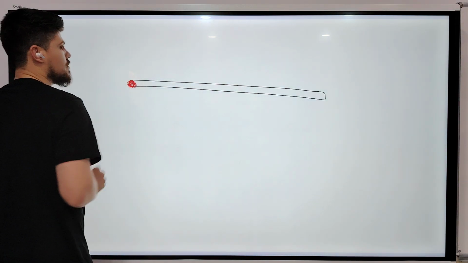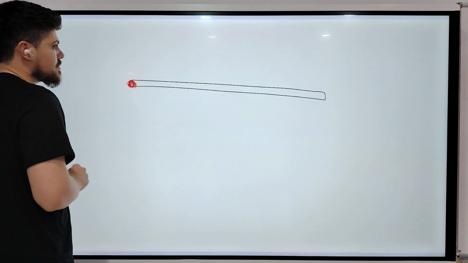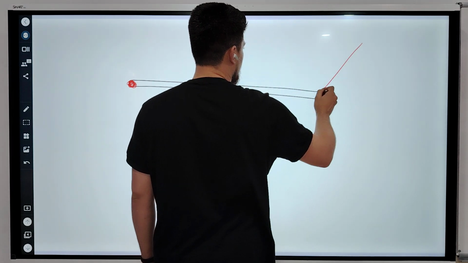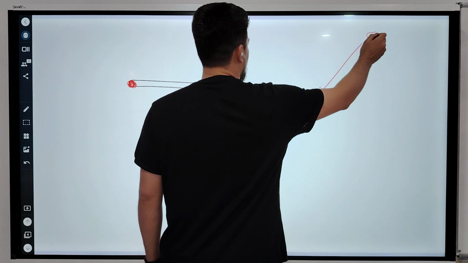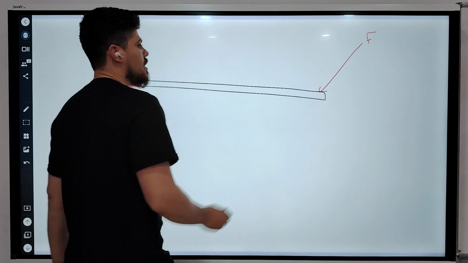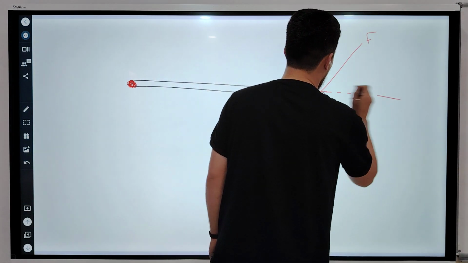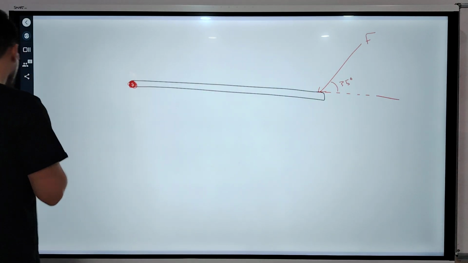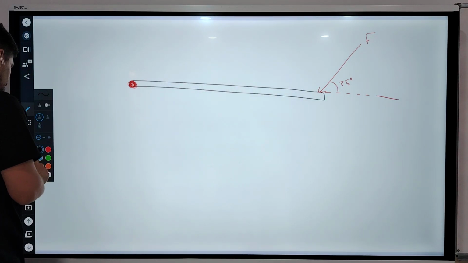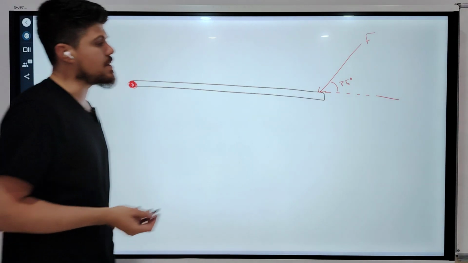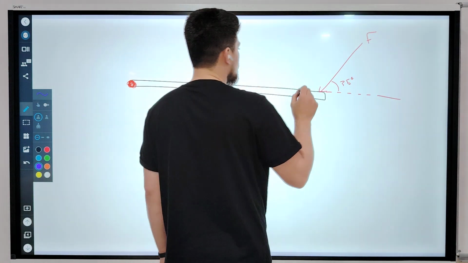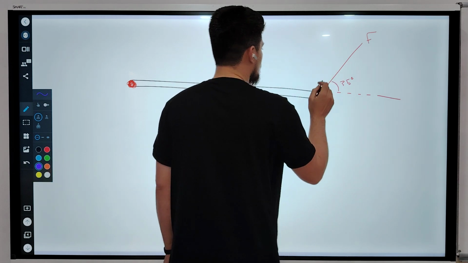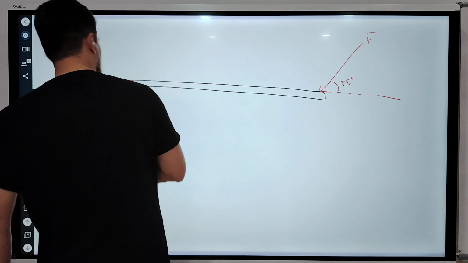When the force is applied like that, this is the force, and it makes an angle with the x-axis, for example 35 degrees. Because this force is not on the x-axis and not on the y-axis, it makes an angle. So in that case, this force can be resolved into two components.